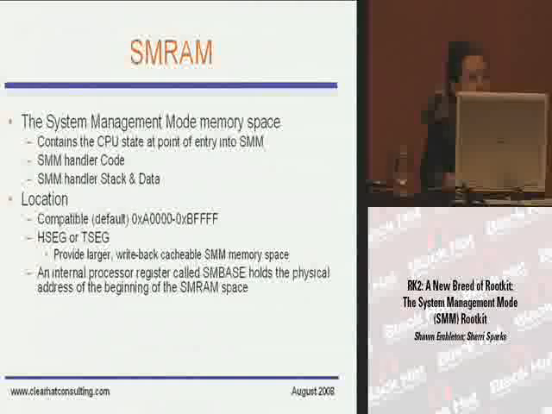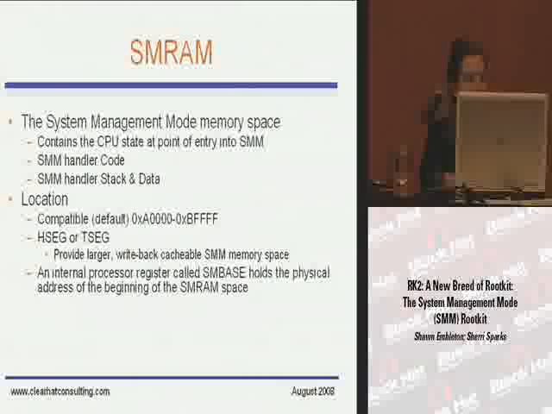The system management mode memory space is called SMRAM. SMRAM contains the CPU state at the point of entry into SMM. It also contains the SMM handler's code, data, and stack. The chipset documentation defines three locations for SMM.